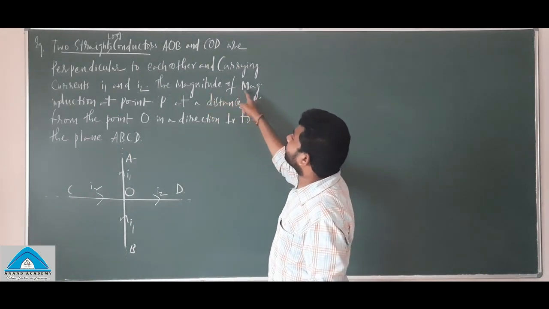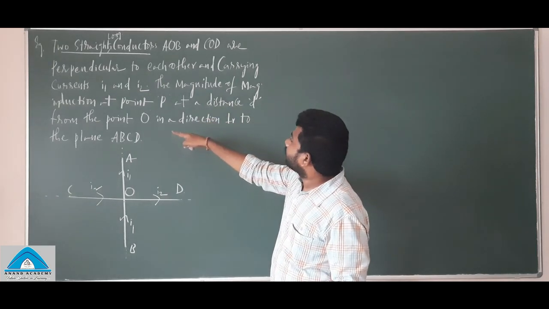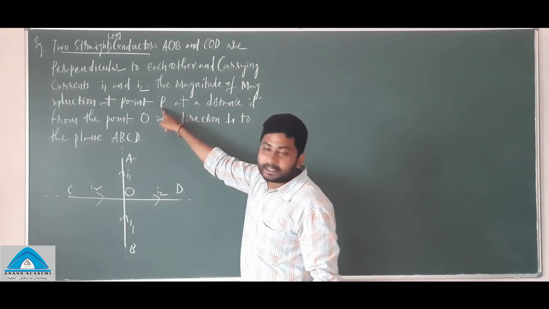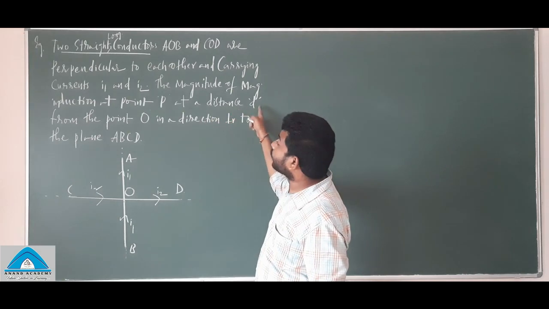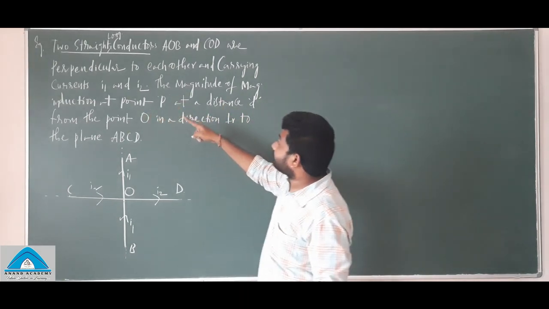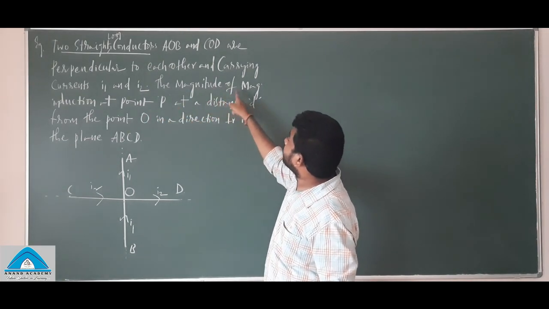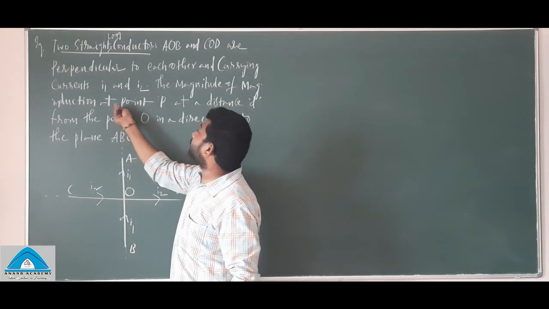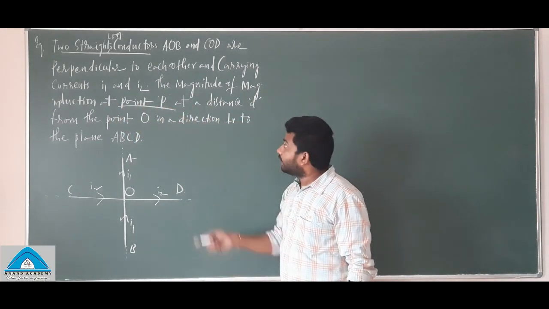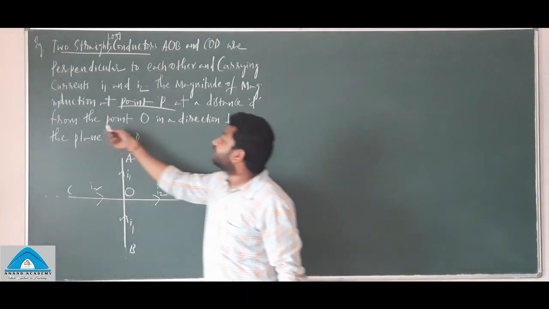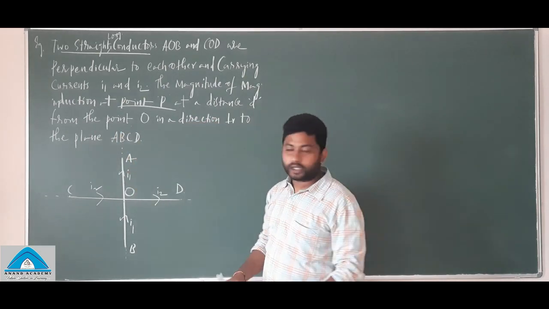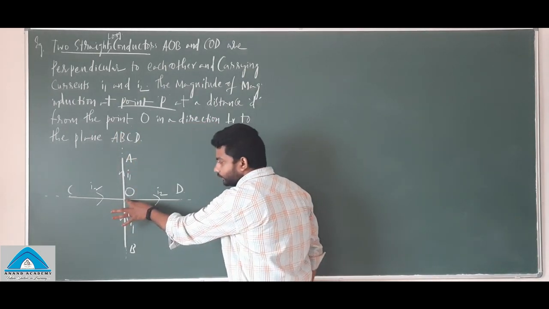The magnitude of the magnetic induction at a point P, at a distance of D from the point O. Where is the point O? Here is the point O. Understand?